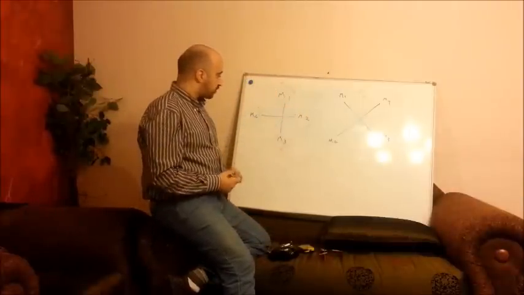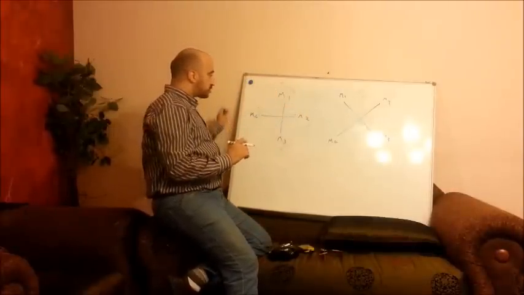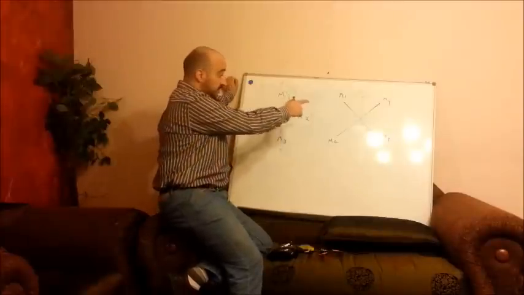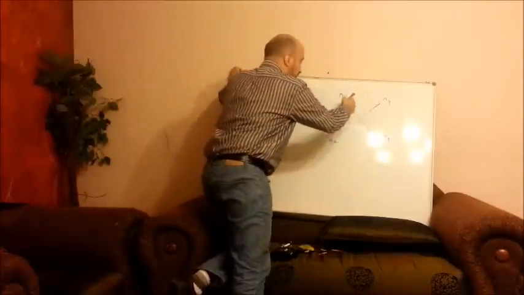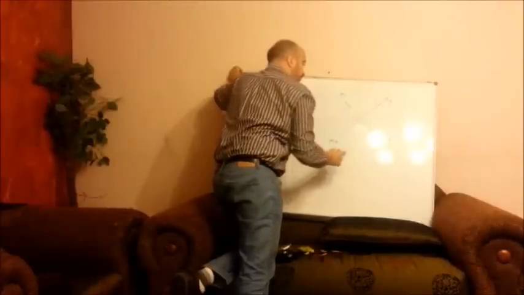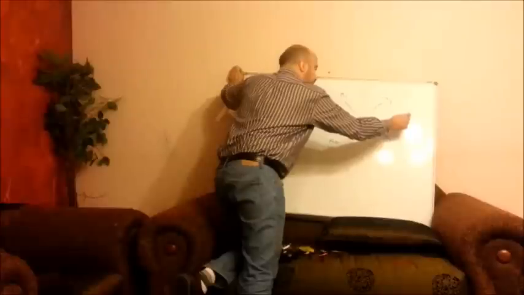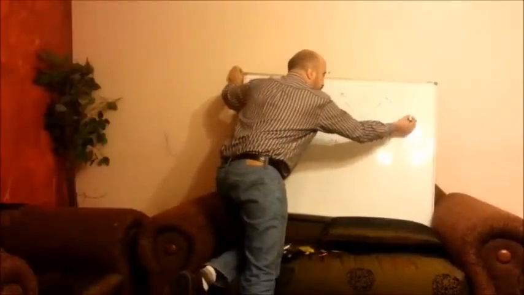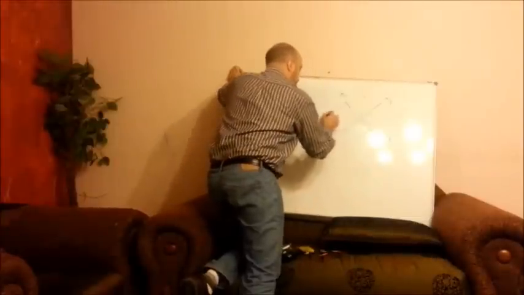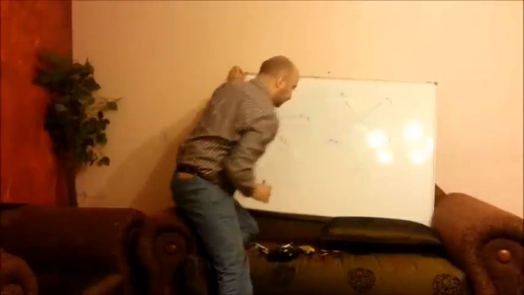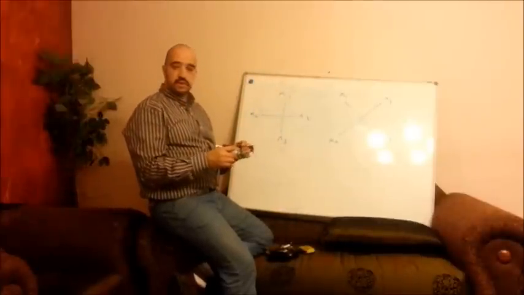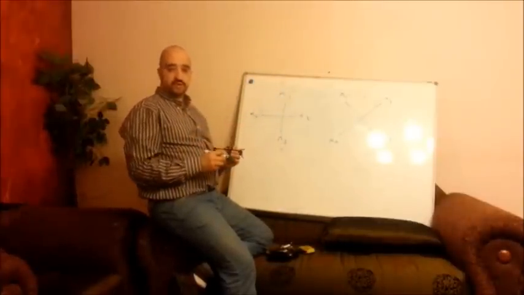From this figure, we can easily see that plus configuration is the master one, because in the X configuration, these two motors together form a virtual motor here, VM1, and these two motors act as a virtual motor here, VM2, VM3, and VM4. So from now on we will explain our rules using the plus configuration.